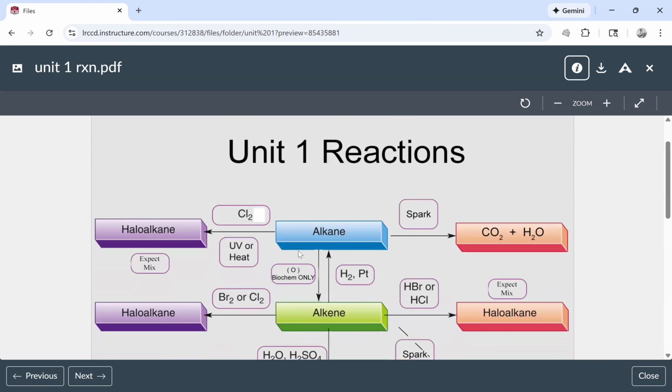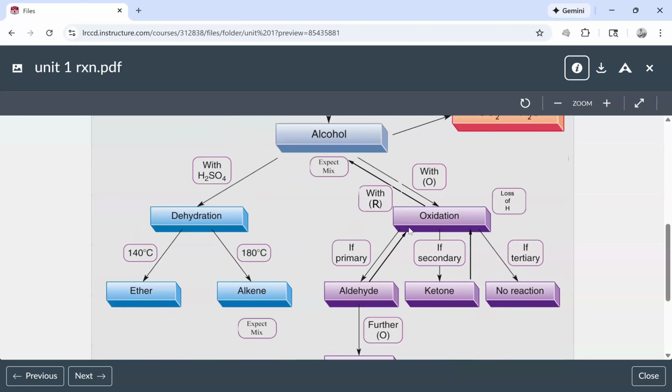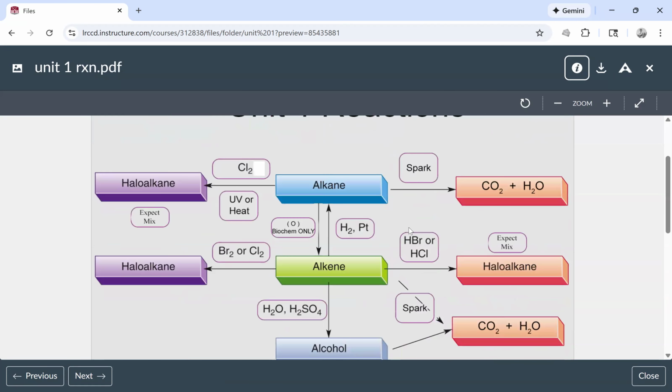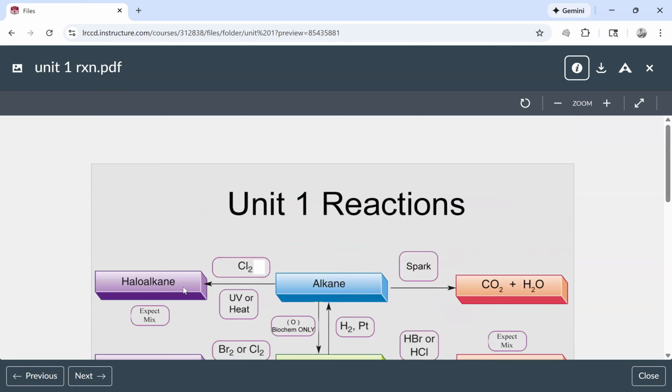Okay, I put this together a long time ago. And these are the reactions you're going to have in Unit 1. And all we've talked about so far is halogenation and combustion. I'm going to talk to you about how to read this on Wednesday.